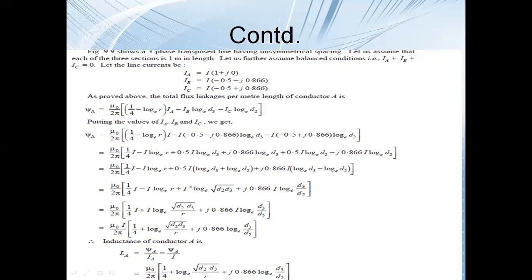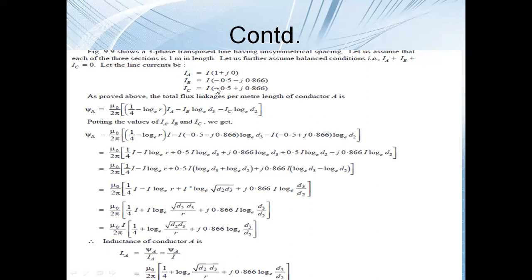Now we have to calculate what should be the inductance of an unsymmetrically placed line. Let us say for the unsymmetrically placed line, the currents in the different phases are assumed to be Ia equal to I into 1 plus J0, Ib equal to I angle minus 120 degree, and Ic equal to I angle minus 240 degree.